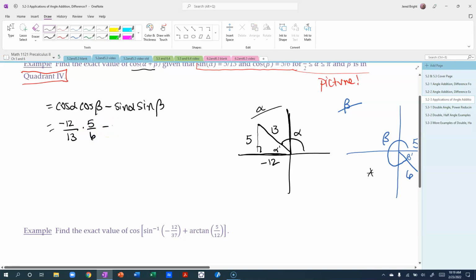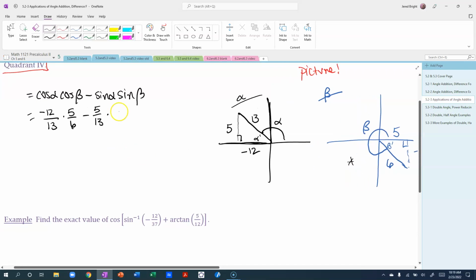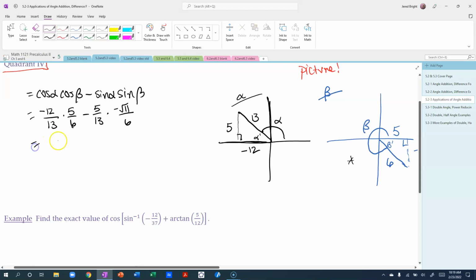Minus sine of alpha, from the alpha diagram, is 5 over 13. Sine of beta, going back to the beta diagram, is negative square root of 11 over 6. Then I can evaluate this: negative 60 plus 5 square root of 11, all over 6 times 13, which is 78.